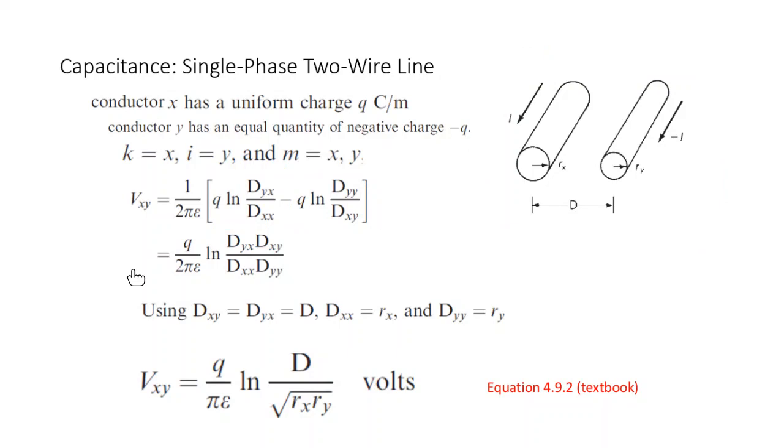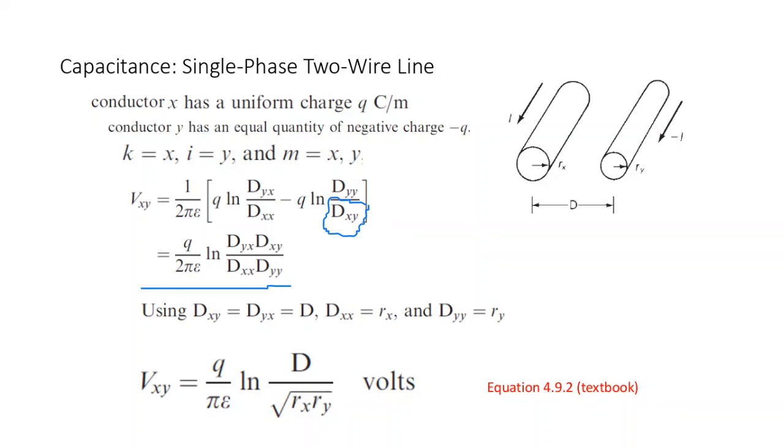Why do we put them as a negative? Because we want it to be in this form here. So we can just have the natural log of dyx times dxy, over dxx times dyy. What are dxx and dyy?